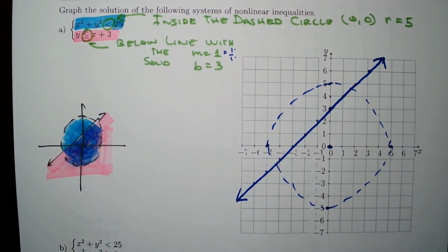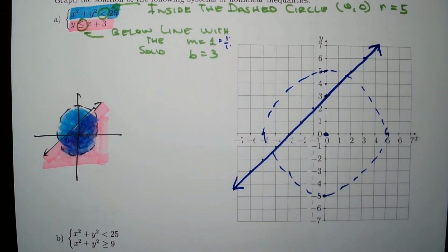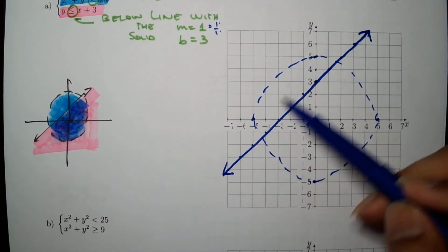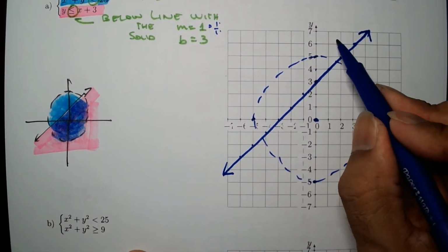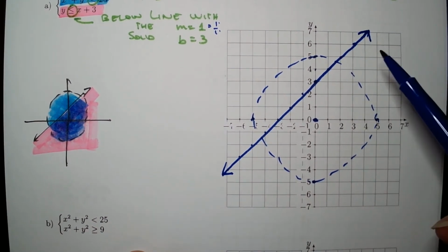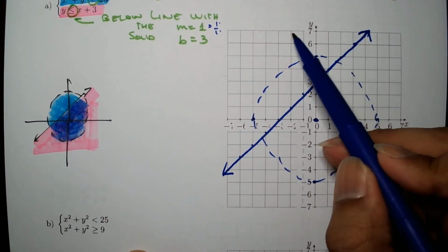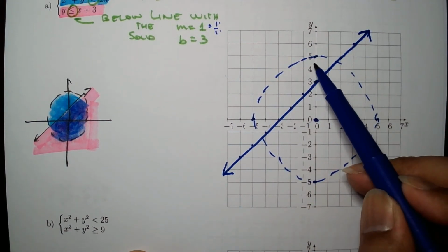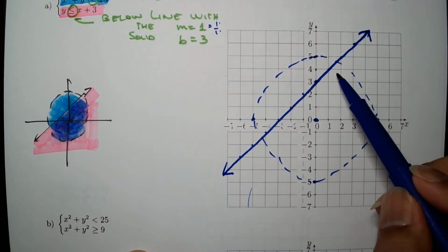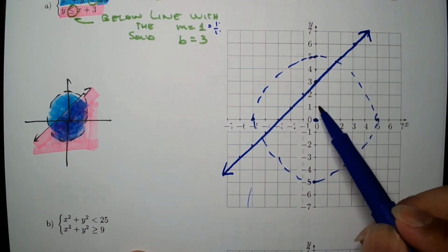And I'm going to look for the region that shades. So for example, in your MATLAB homework, when you draw the line and the circle, you are going to have potentially how many possible regions to shade? Number 1, this part right here. Number 2, this part right there. Number 3, all this region here. Or number 4, inside the circle below the line.